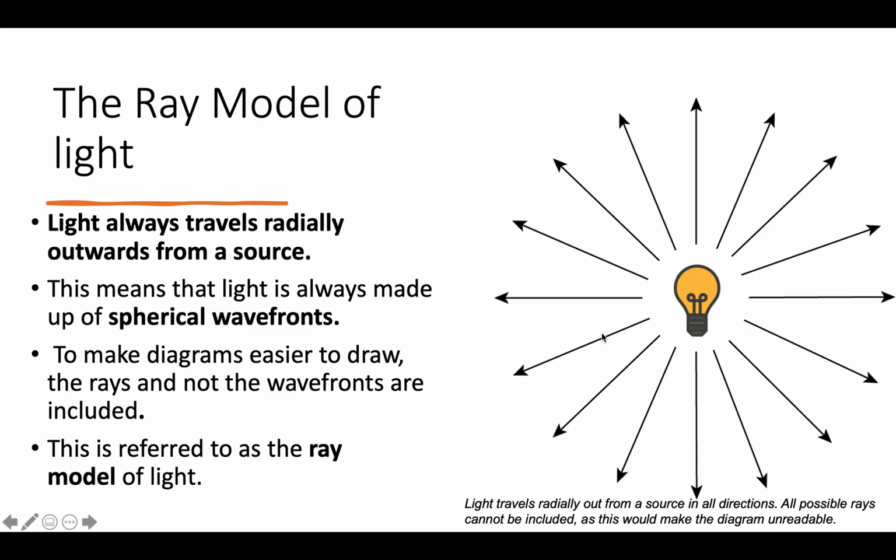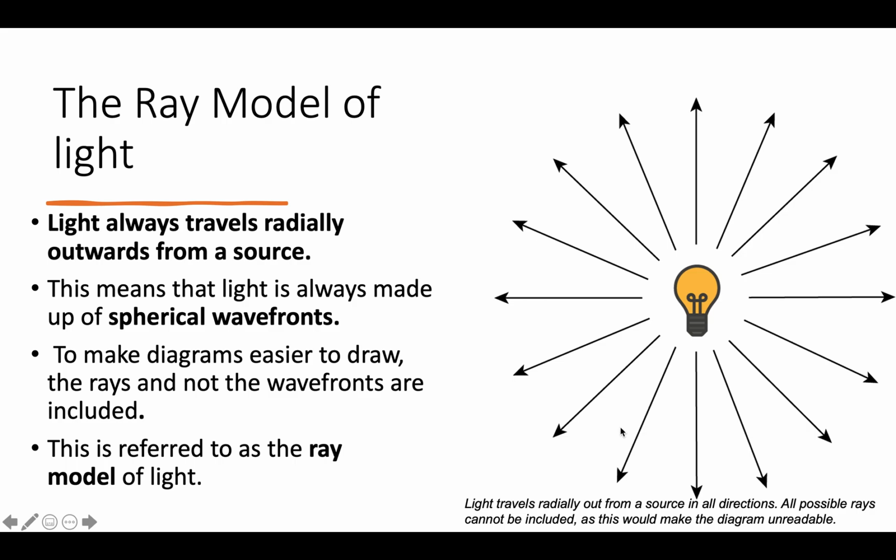And these wavefronts mean that the waves are moving in a sine wave format. So if we include all the sine waves on these different rays, as you can see here, it's going to be very, very messy. So we will not be able to actually see what's going on here.